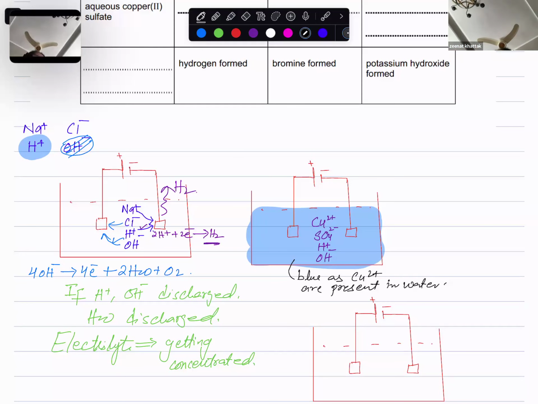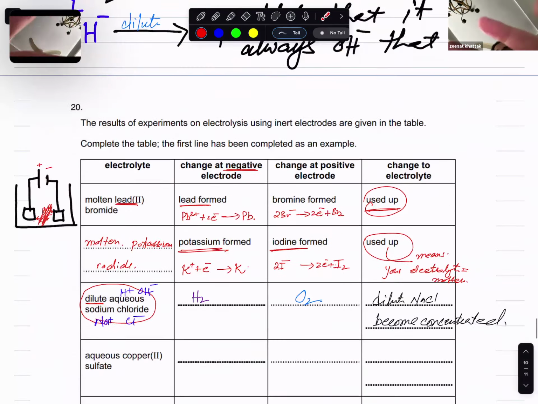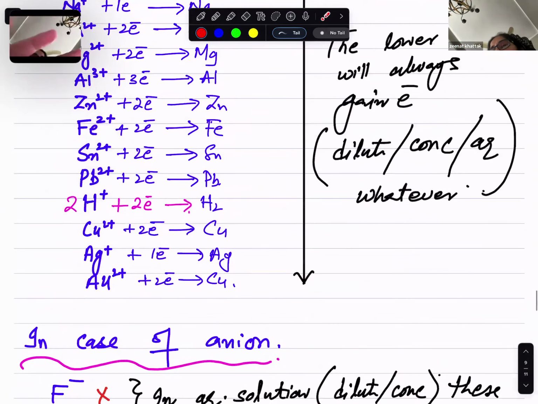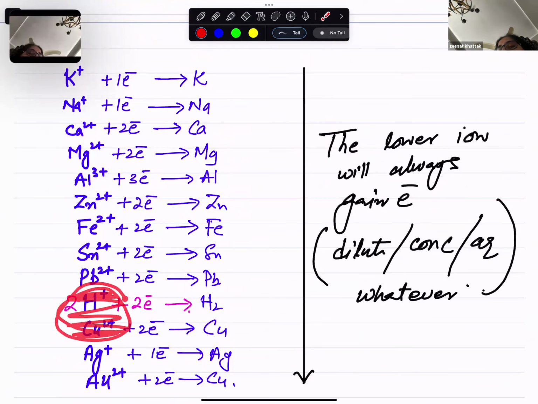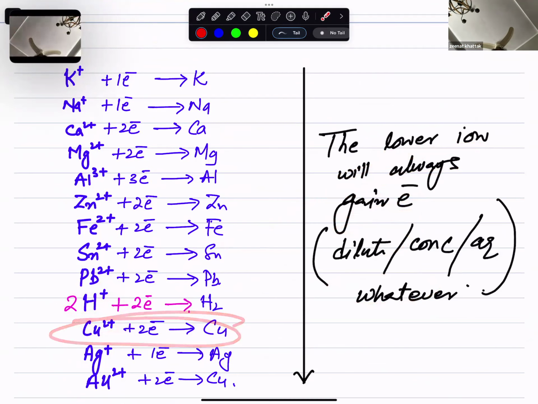So it is blue as copper ions are present, but what is happening with the passage of time? Copper and H plus are cations. Among these two, the lower ion will gain electrons. Which one is lower? Copper.